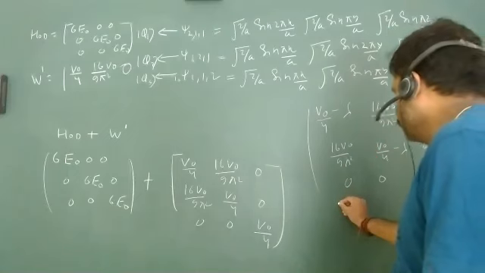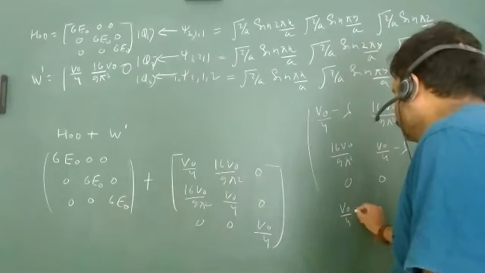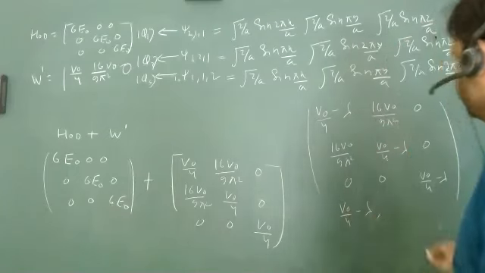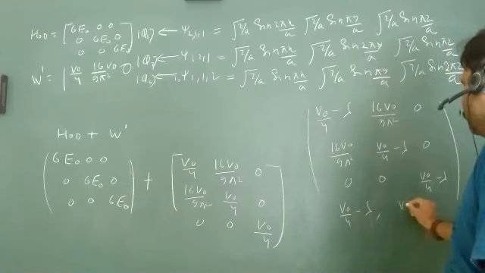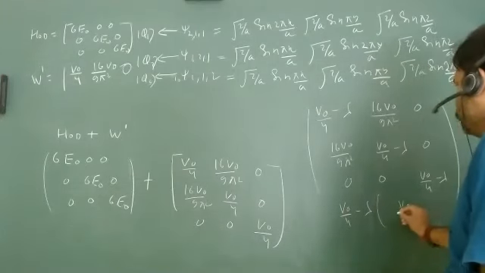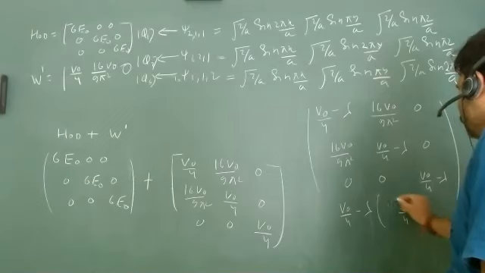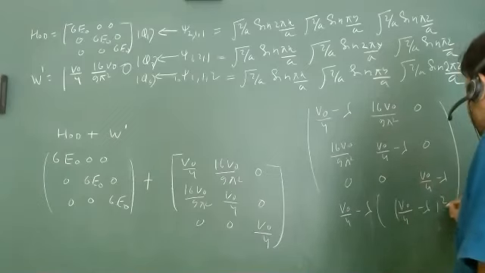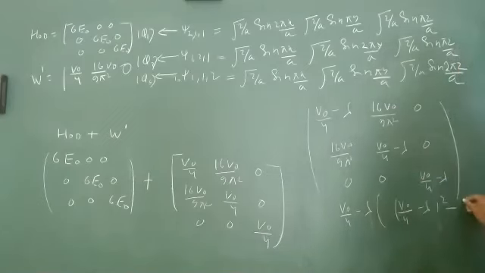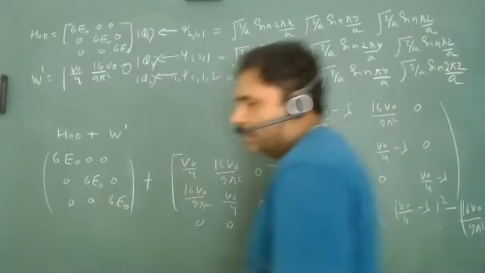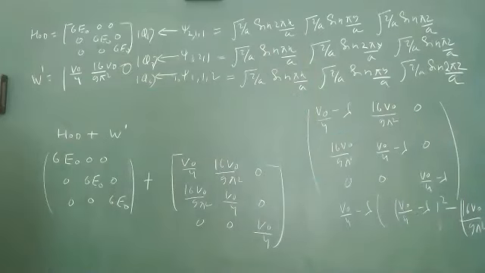One value is V naught by 4 minus lambda. Another factor is V naught by 4 minus lambda whole square minus 16 V naught by 9 pi square whole square, which must be equal to 0. So you can just calculate this particular thing and you will get the answer.